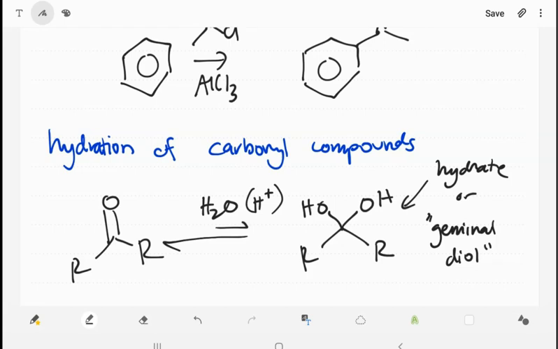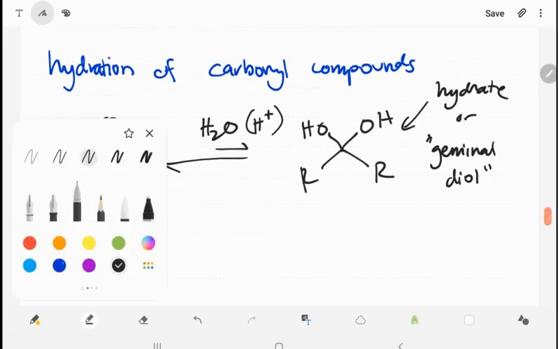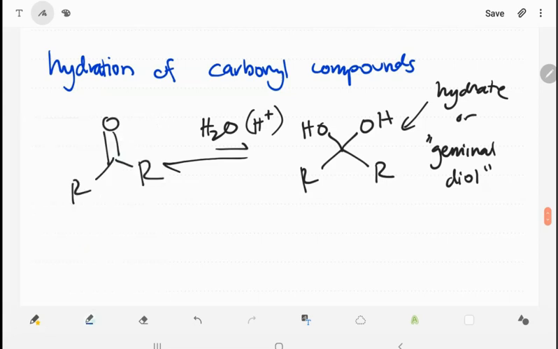It's pretty boring because it doesn't really stay that way. It's not very stable. But we can still look at the mechanism. For formaldehyde, it does typically stay as the hydrate, but for every other case, it will go right back to your ketone. So what happens here? Yes, let's do that.